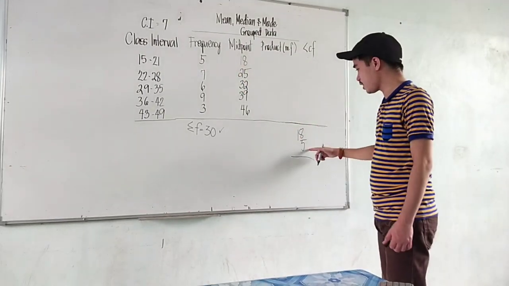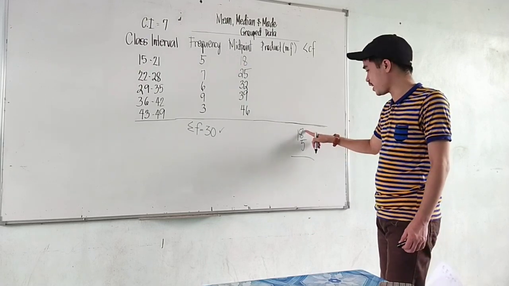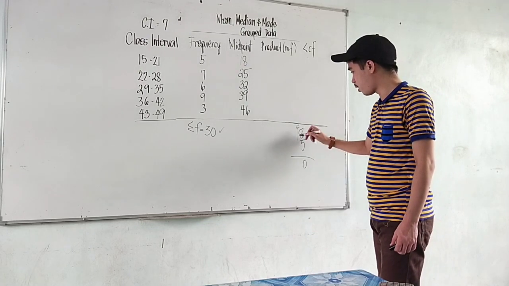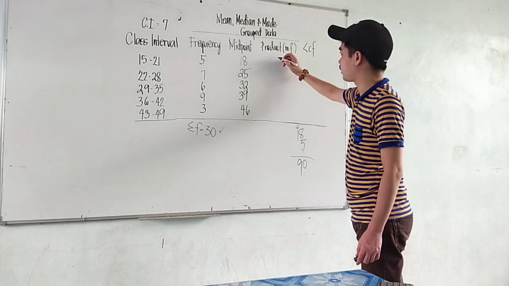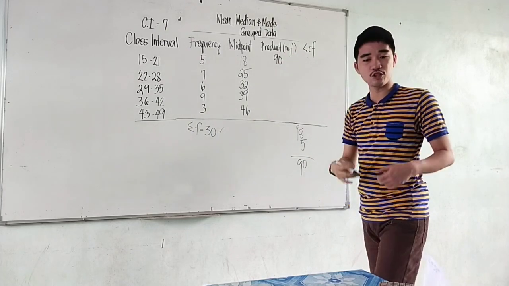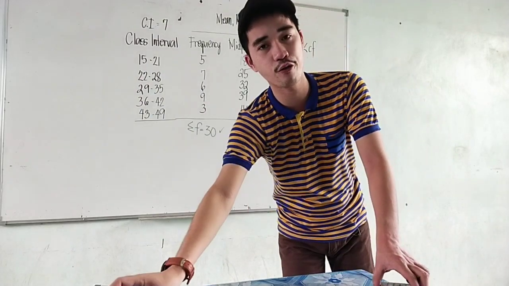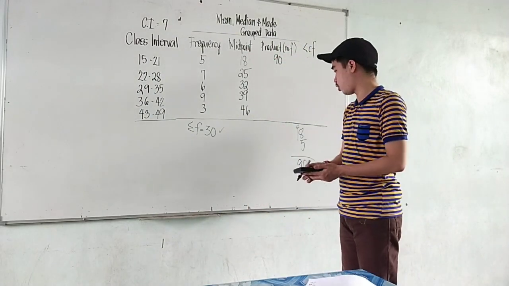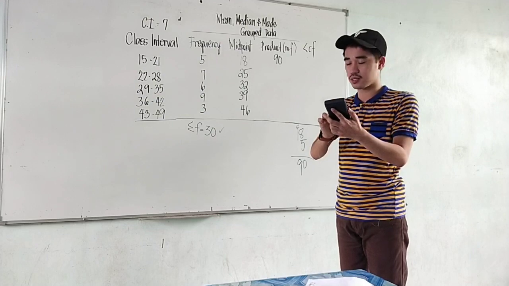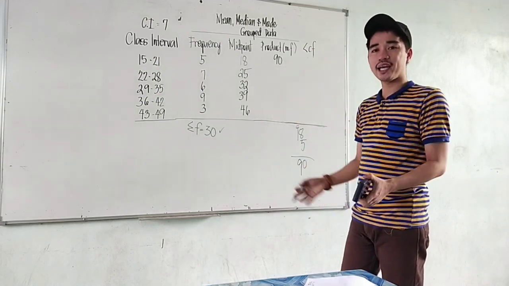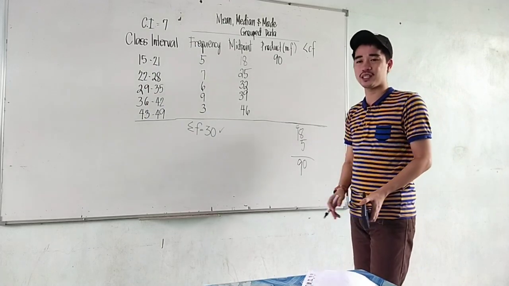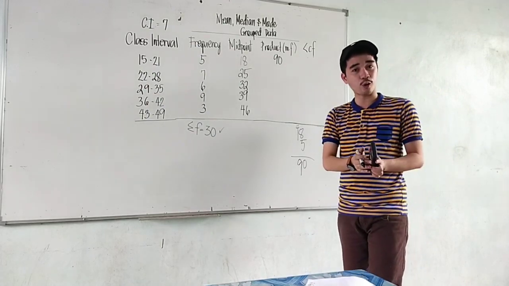We have 18 times 5. 8 times 5 is 40. 5 times 1 is 5, plus 4, 90. Follow me on your calculator or cellphone to check if our answer is correct. So 18 times 5 is 90. Correct.